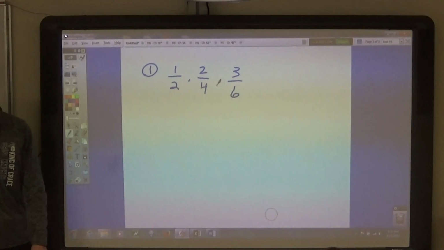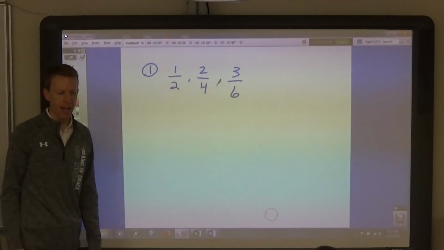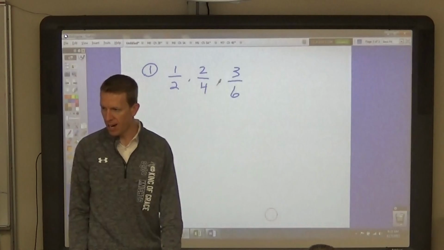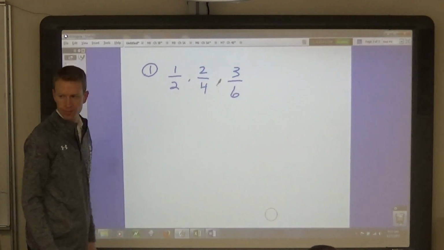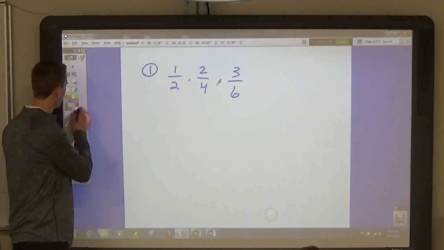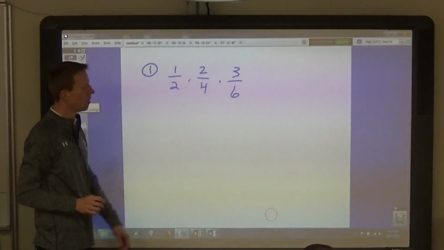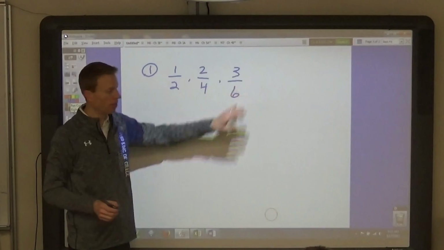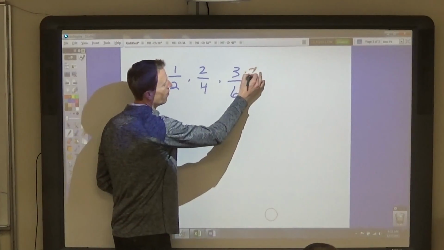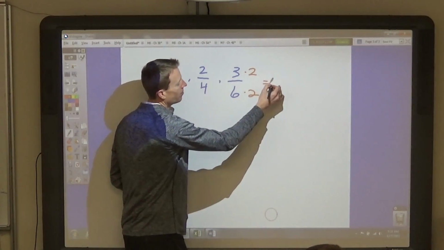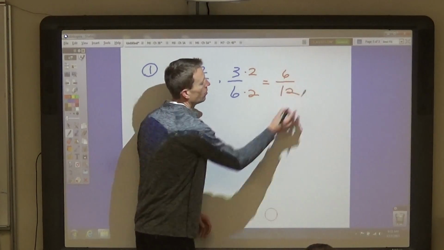And it says find the next 3 fractions equivalent to a half. How do you find an equivalent fraction, Asa? Multiply 2 numbers by what? 2. By 2 or by any of the same number, right? But I like 2. So if you multiply both by 2, you get 6/12, right?